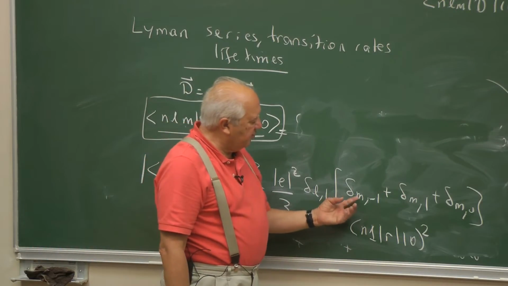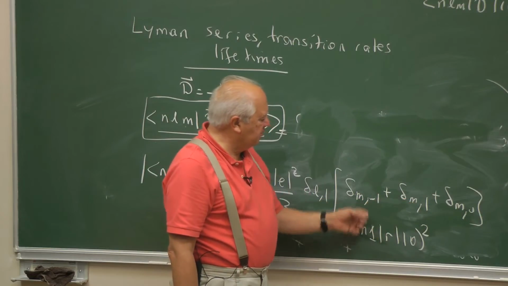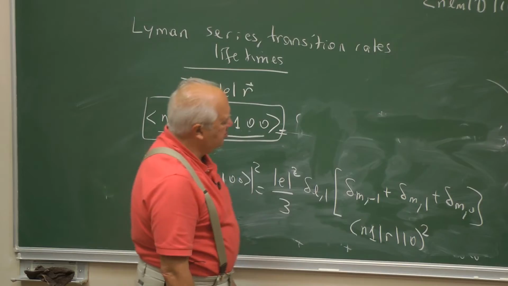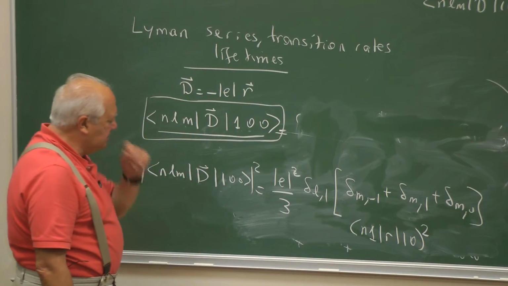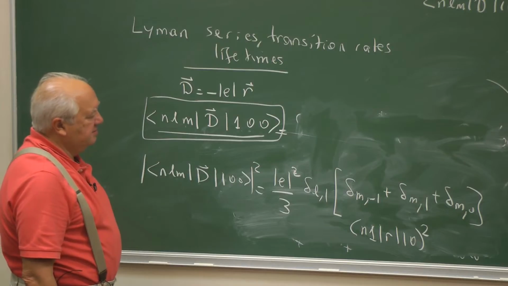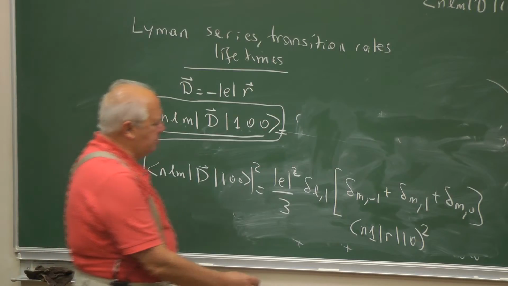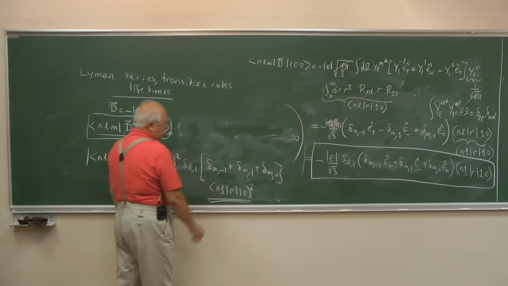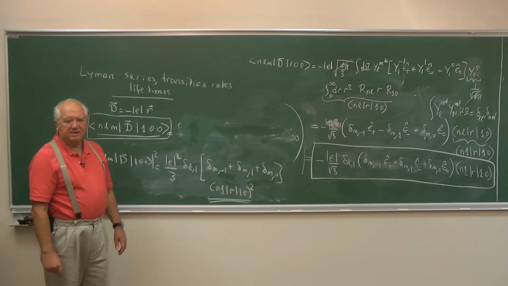Furthermore, the strength for every M value, whether it be minus 1, plus 1, or 0, is the same. So they decay at the same rate. This is our result. Of course, we need to compute this matrix element. This will be our next step.